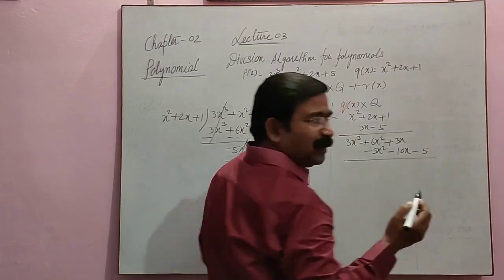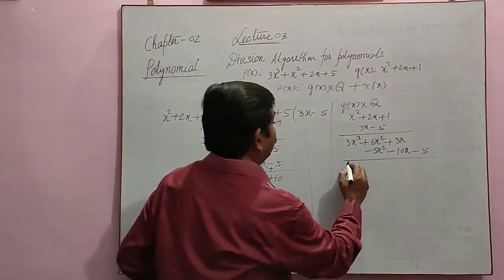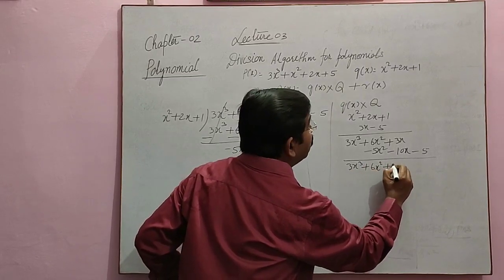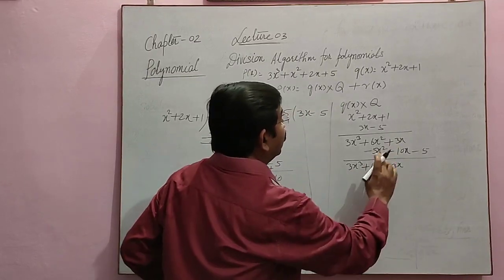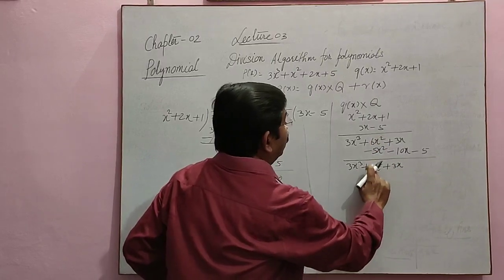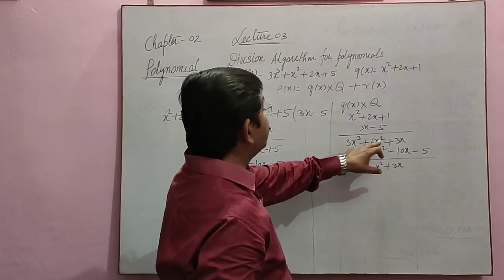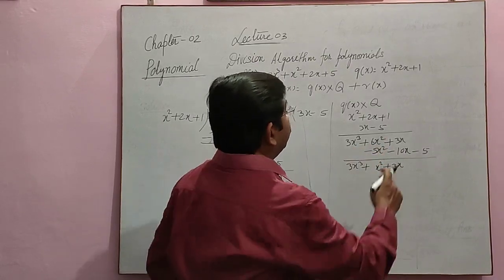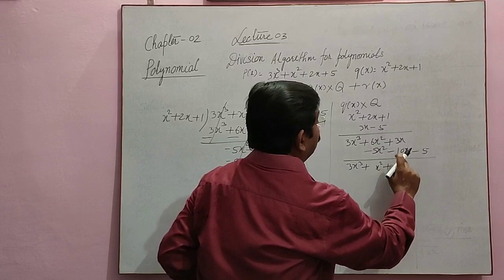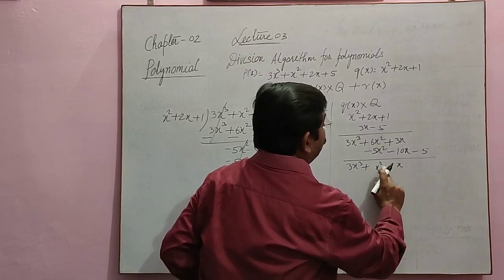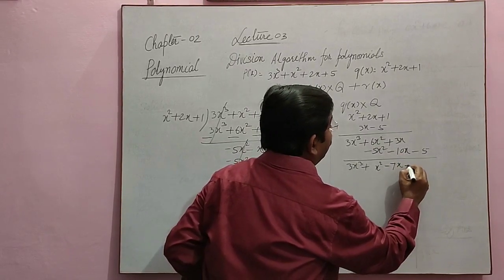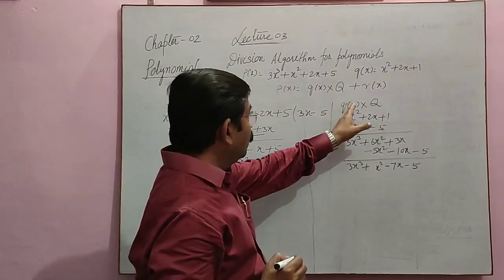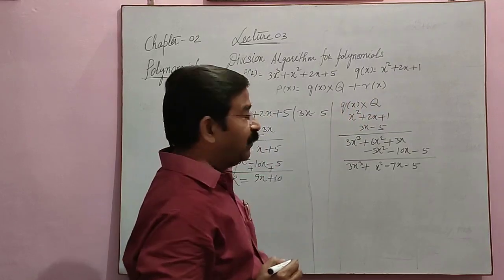Add this. As you multiply the terms, we have 3x cube plus 6x square plus 3x, and the result is 3x cube, 6x square minus 5x square is x square, and here 3x and minus 10x, we have minus 7x, and minus 5. This is the result of the product of quotient and divisor.